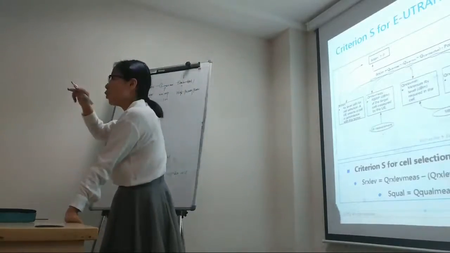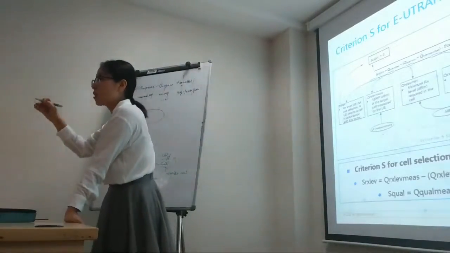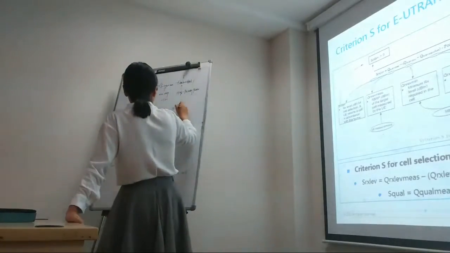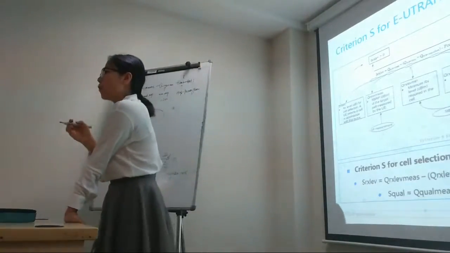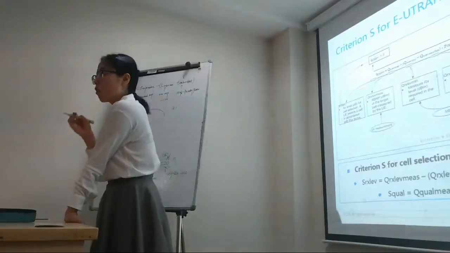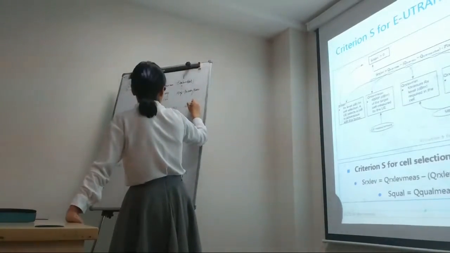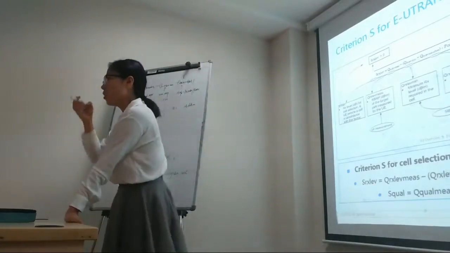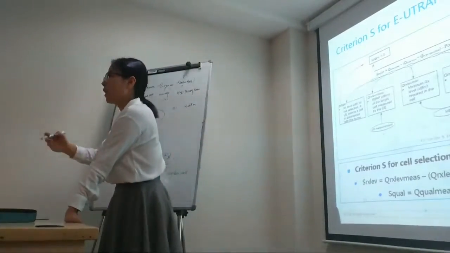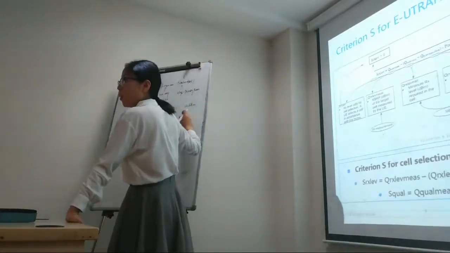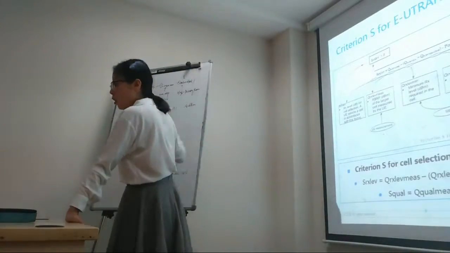But two UEs may have different capability of power. For example, the network sets the UE maximum transmit power, the P-Max, as 23 dBm. But the UEs have different capabilities. It may be greater than this value, the same as this value, or less than this value.